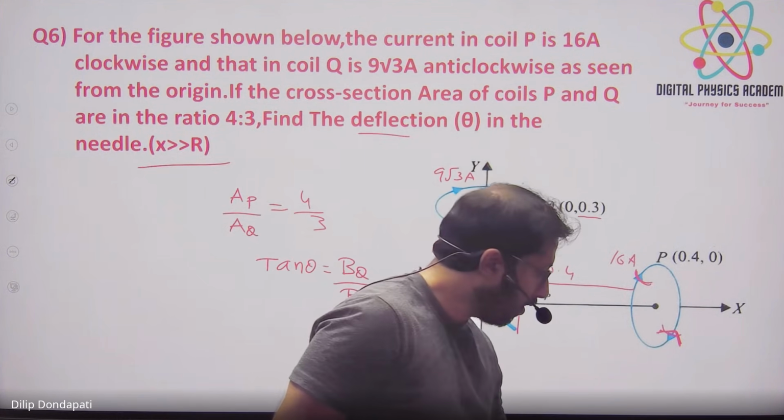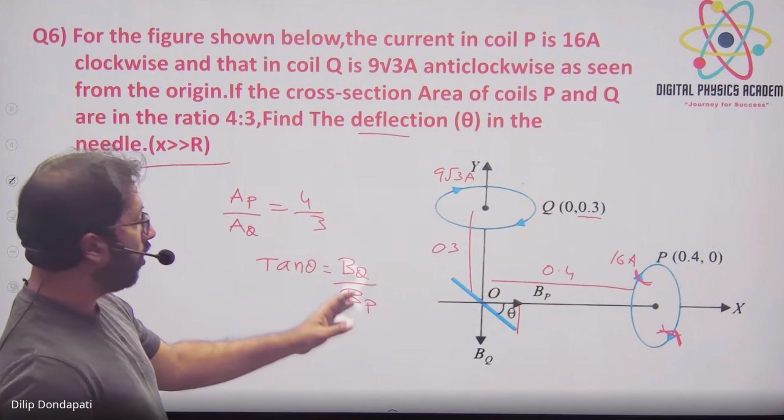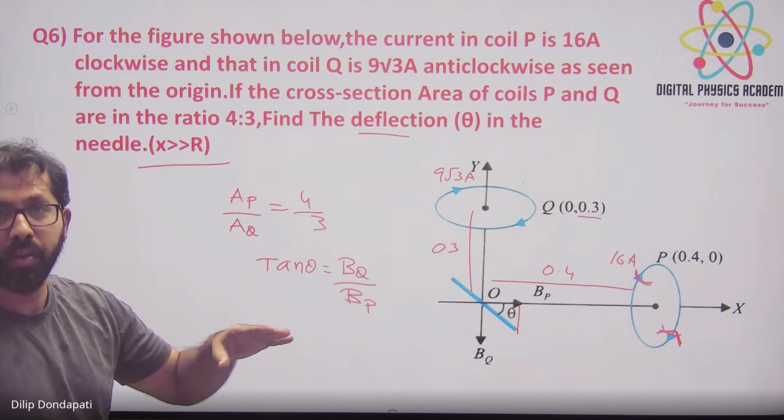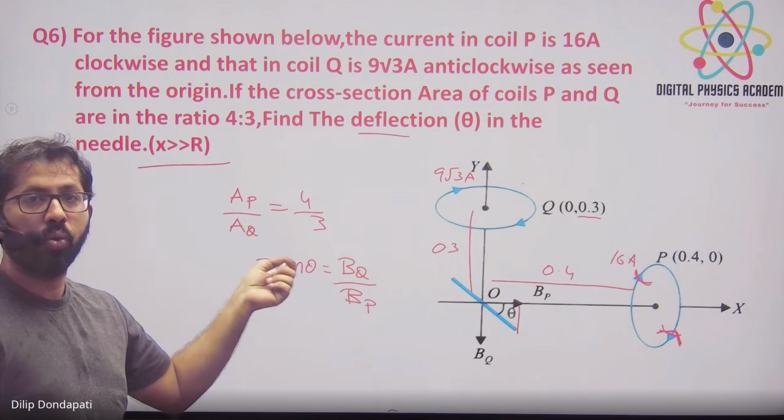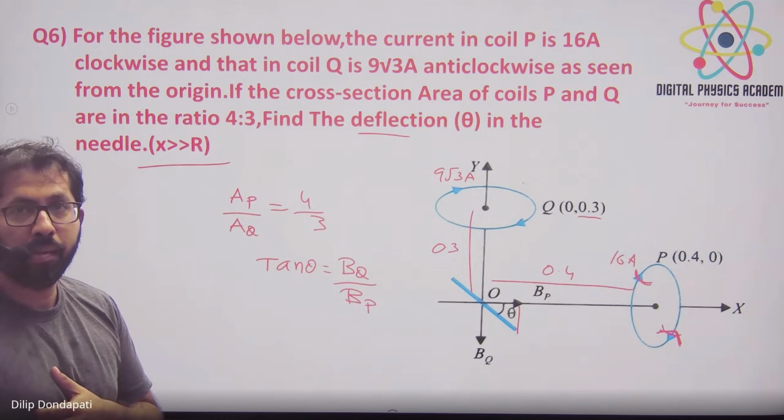And which formula do we have to use? For the axis point we have to use the shortcut formula which I told, right? The one with mu naught by 4 pi into 2m by x cube. M is nothing but IA.